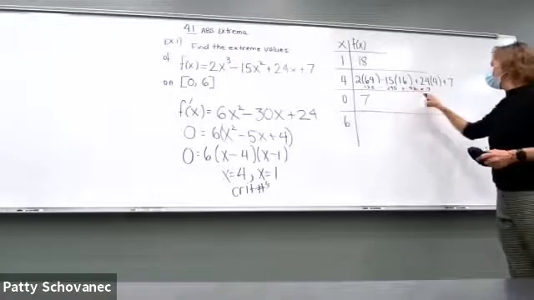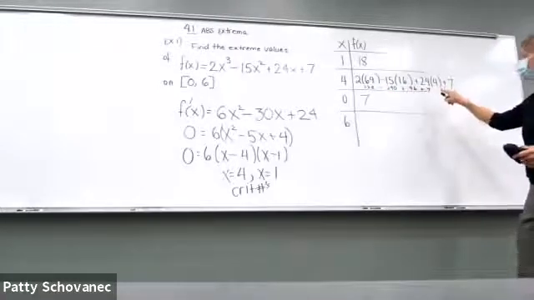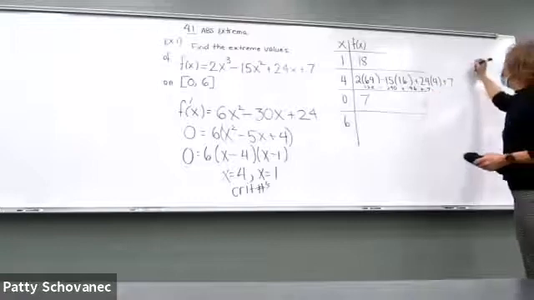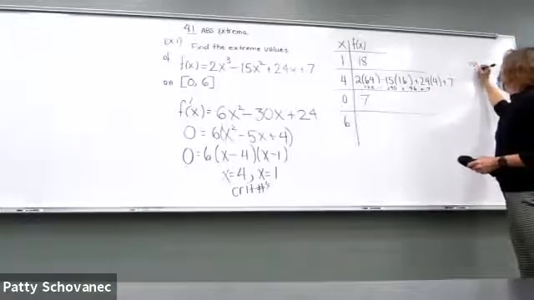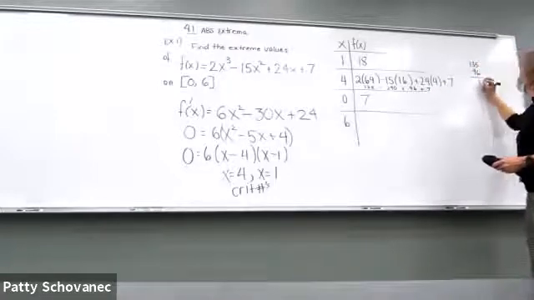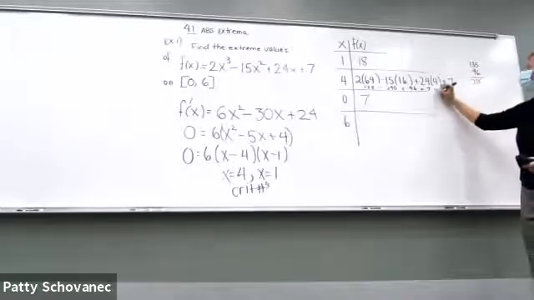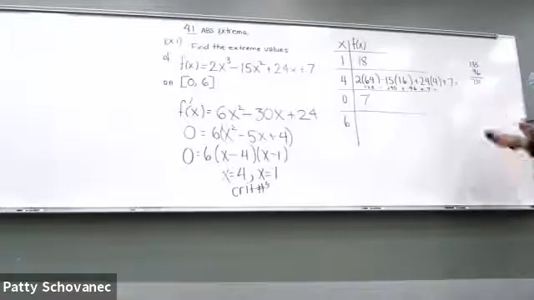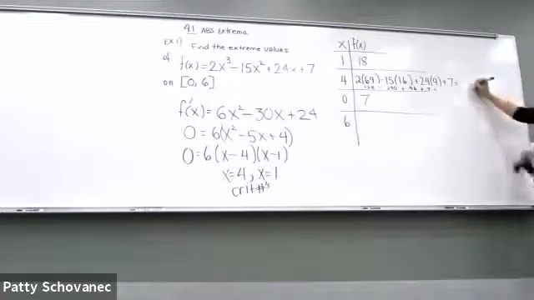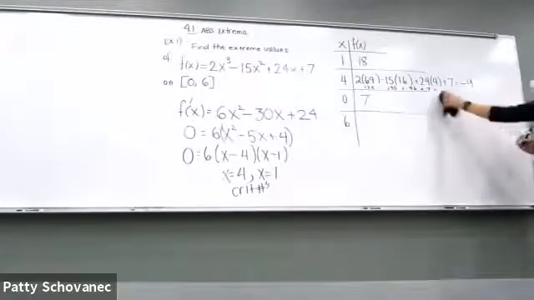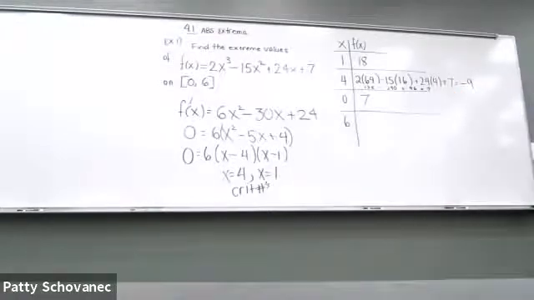I said 128 plus 7 was 135. 135 plus 96 is 231 minus 240. How about a -9? It was quite the difference.